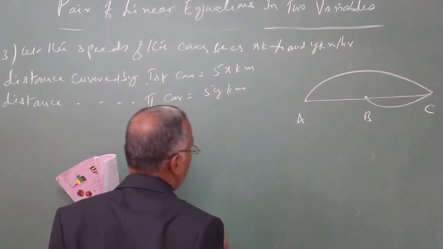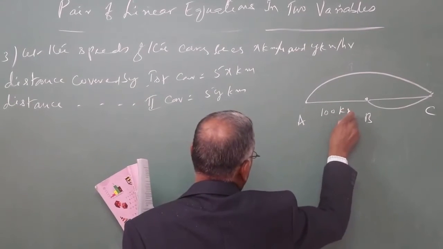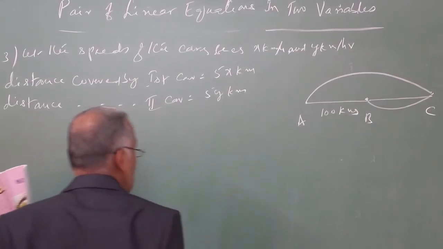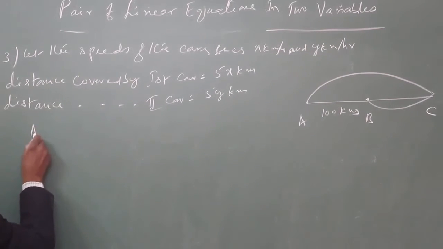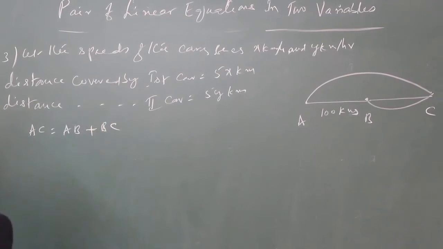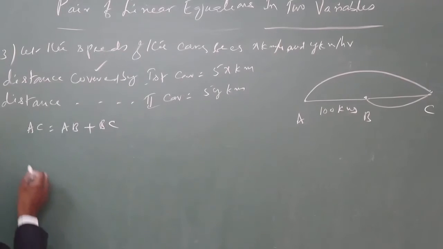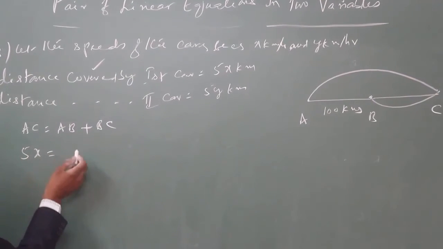Now, you know that the distance between these two places is 100 kilometers, they have given. So, from the figure, AC can be written as AB plus BC. AC is the distance covered by the first car, 5x kilometers.